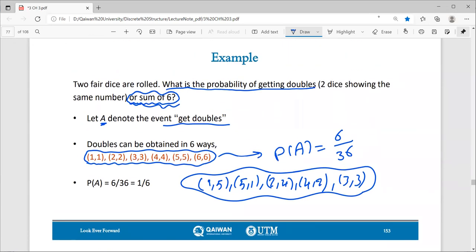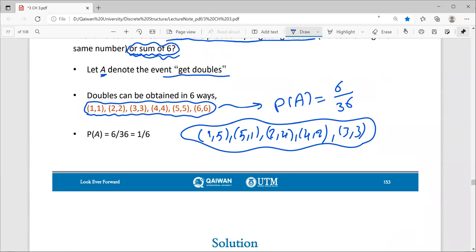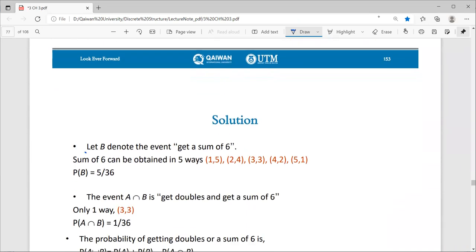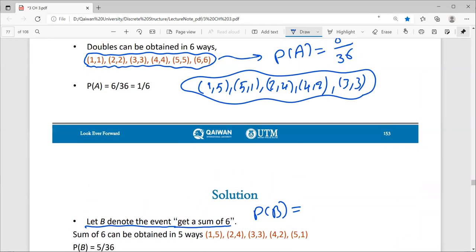And the probability of B, we let B denote the event in getting sum of 6. That means probability of B is how many possibilities do you have for the sum of 6?